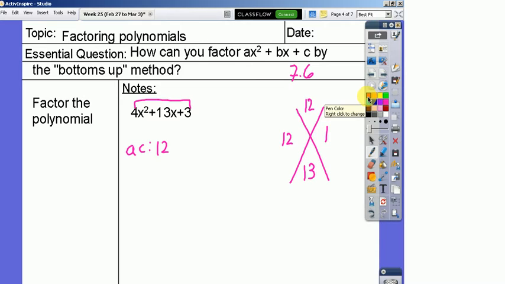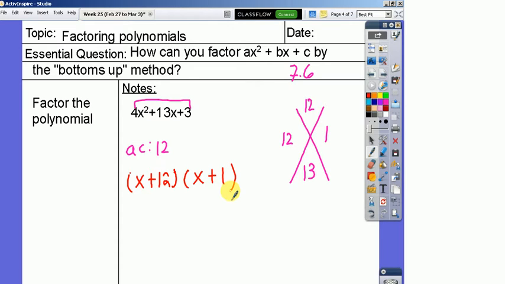To start the bottoms up method, you're going to proceed as follows. You're going to say, okay, so I'm going to write x plus 12 times x plus 1. So proceed as though you don't have that coefficient. Okay? Now how does the coefficient make a difference?